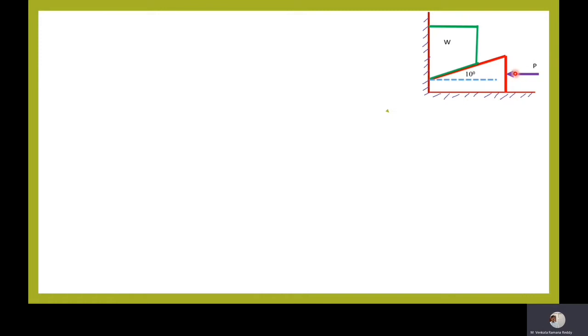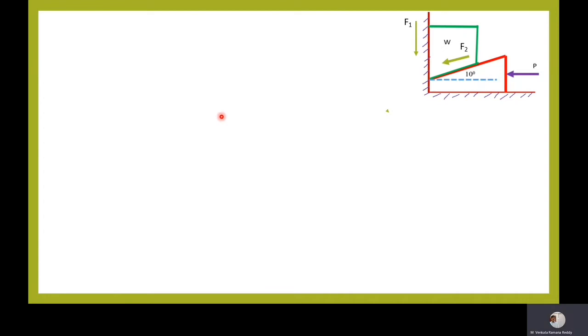Because of the application of the force P onto the wedge, this block tends to move up and move rightward onto the wedge. So frictional forces act opposite to the motion of the body, that is, downward on the wall and leftward on the wedge.